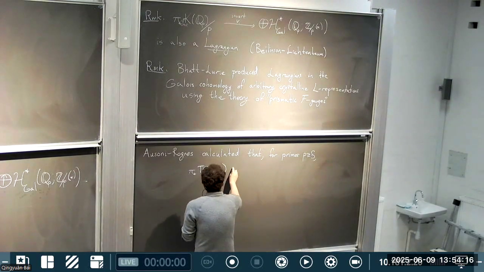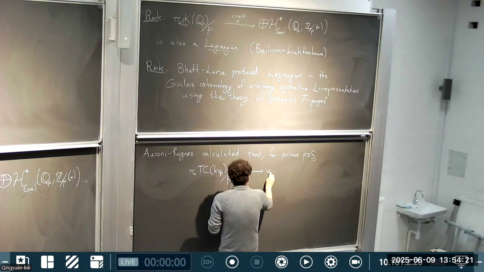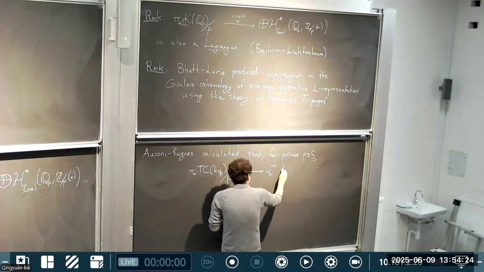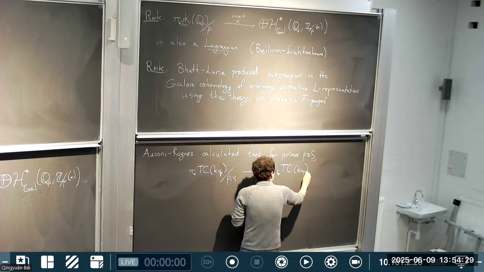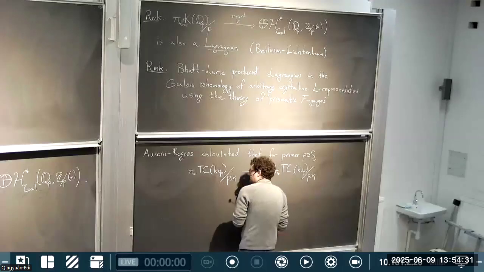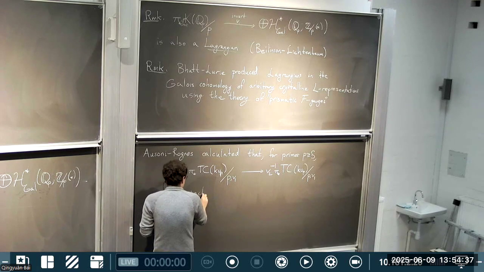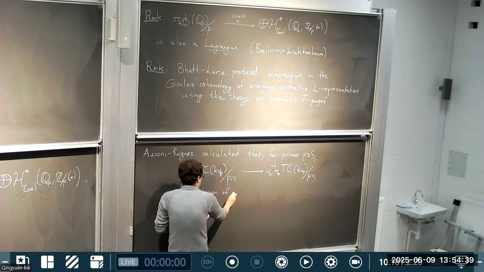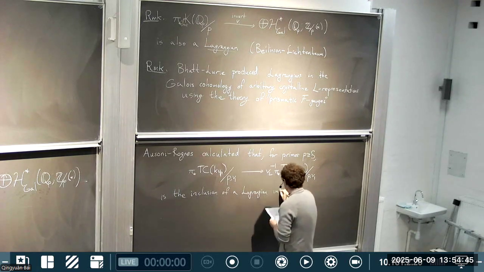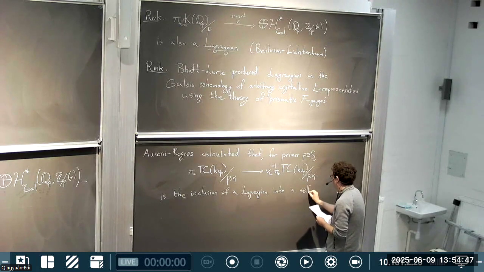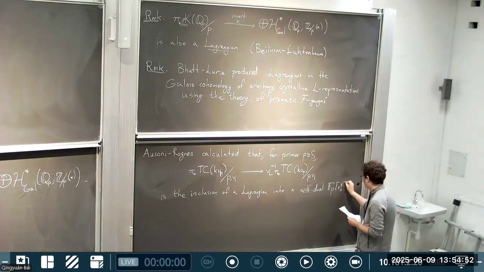So what did these people notice in the 2000s? They observed that if I invert V1, and if I invert V2 now, this is the inclusion of a Lagrangian into a self-dual object.